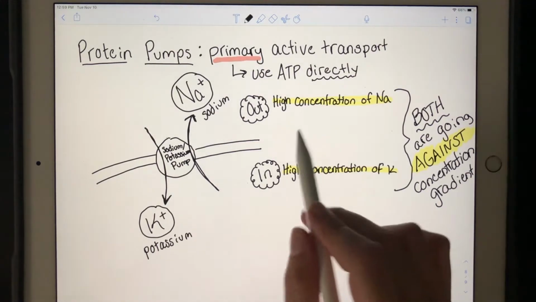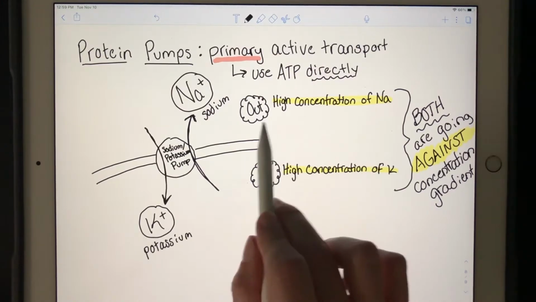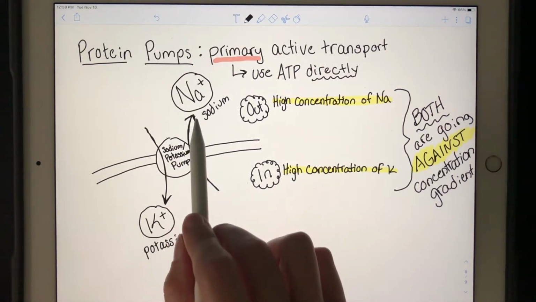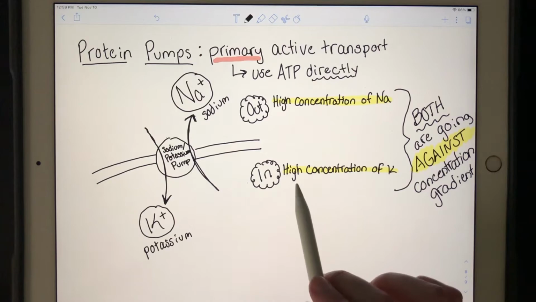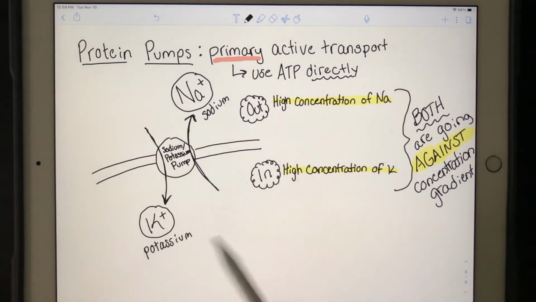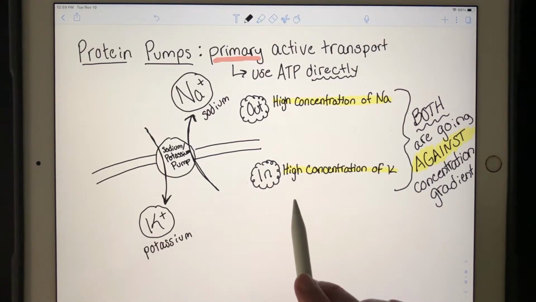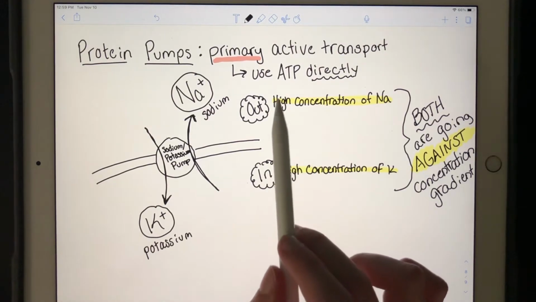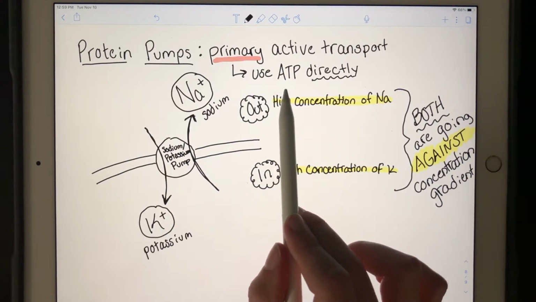So there was already a high concentration of sodium outside the cell, and we pushed more sodium in there. And there was already a high concentration of potassium inside the cell, and we pull more in there. That's why we need some kind of an energy source. We know that energy source is going to be ATP.